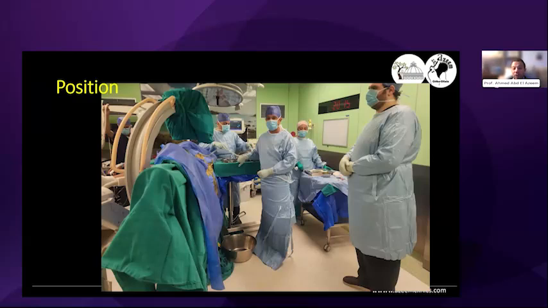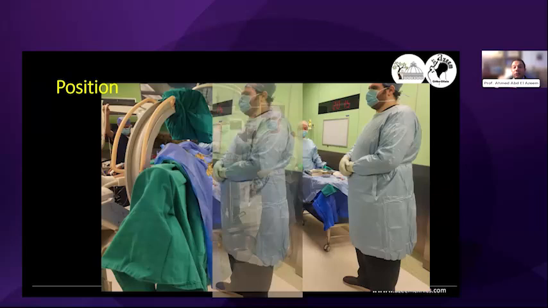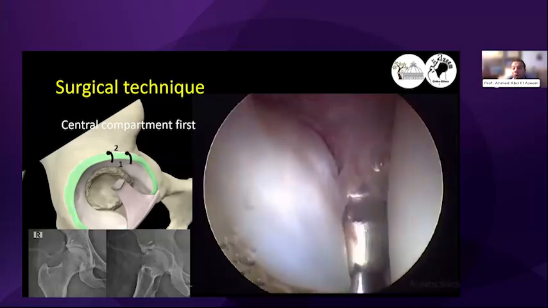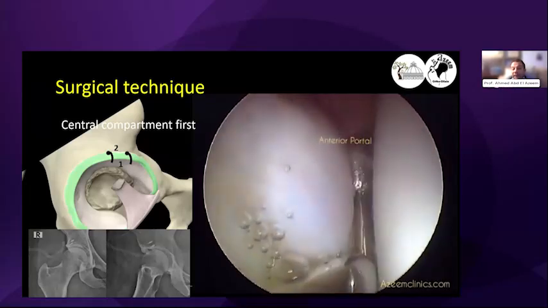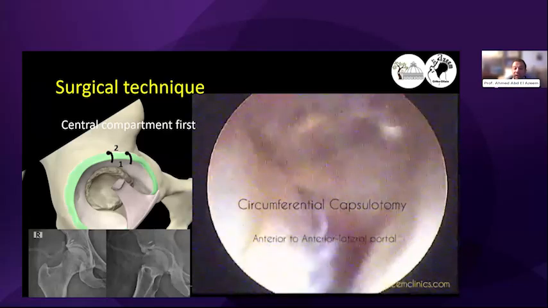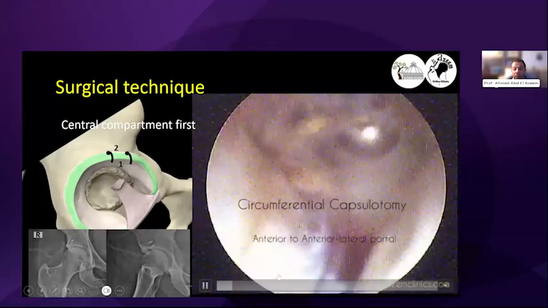After releasing the traction, my assistant moves towards the leg and controls it. He helps me to flex the hip, to internally and externally rotate the hip so as to get very good control. I go through the central compartment first, doing all the work, addressing the pincer, suturing the labrum, and then I move to the peripheral compartment.